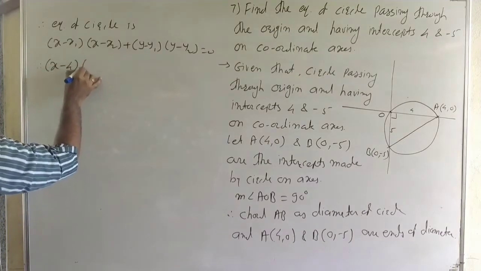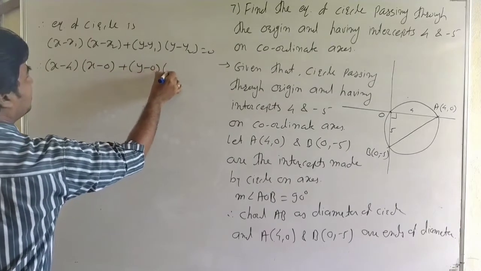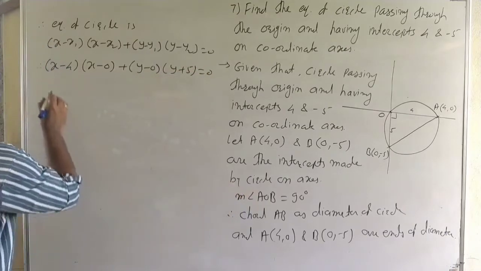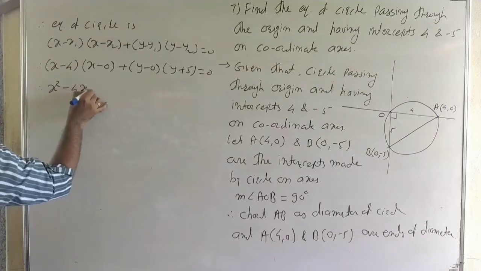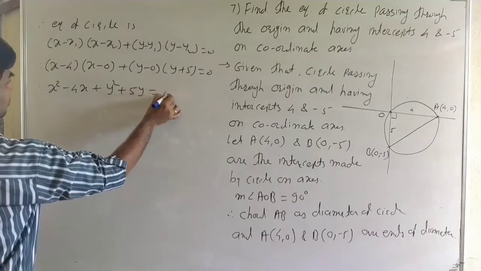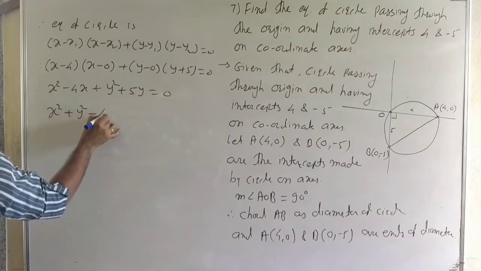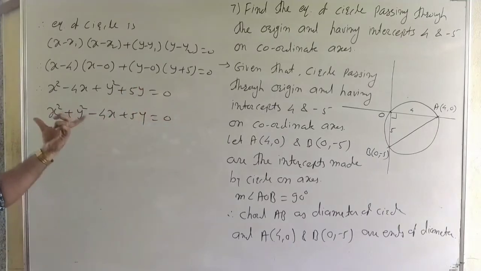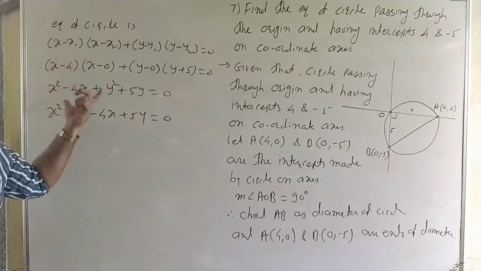So (x minus 4)(x minus 0) plus (y minus 0)(y plus 5) is equal to 0. Then x square minus 4x plus y square plus 5y is equal to 0. The equation of circle is x square plus y square minus 4x plus 5y is equal to 0. See carefully this equation of circle by using diameter form.